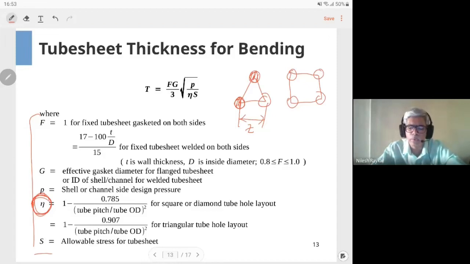It has a number of holes inside it, so its strength decreases. It is like the ligament efficiency which we considered in bolted joint calculations. In similar fashion, the strength of the tube sheet is considered smaller by taking into account this eta, or the efficiency factor. The efficiency factor for triangular layout and square layout is different, as given by this formula.